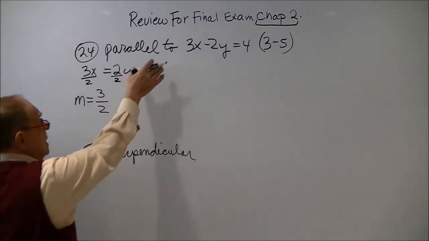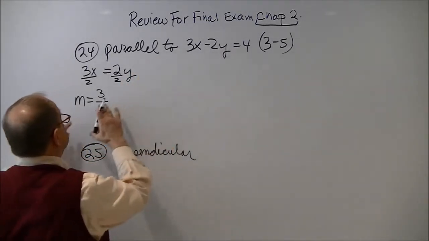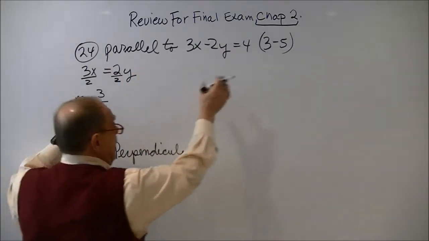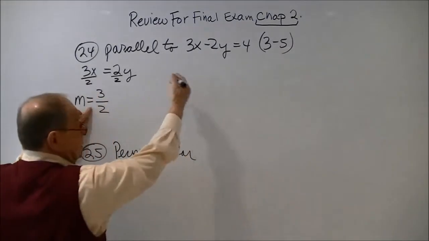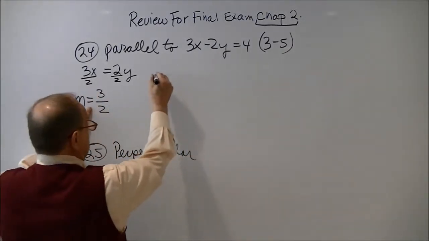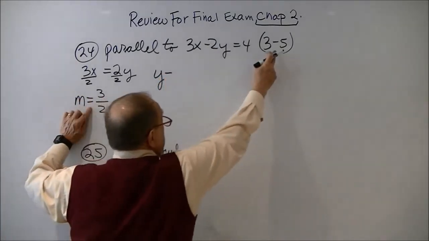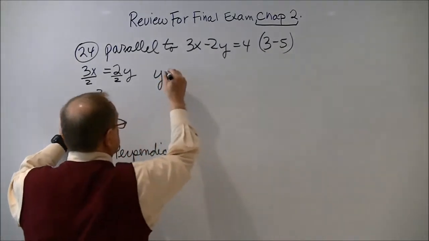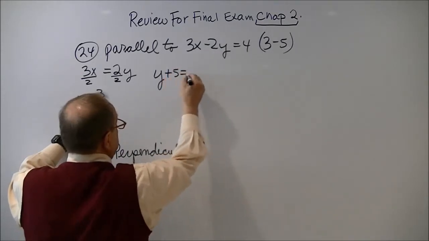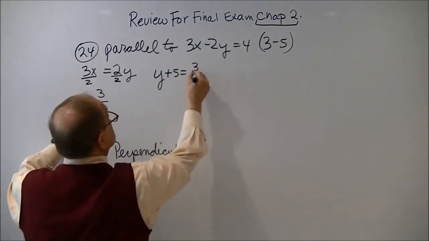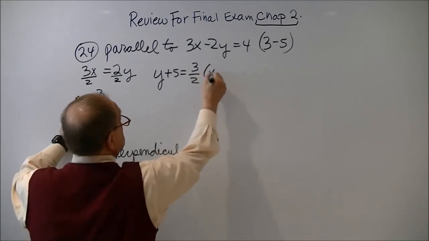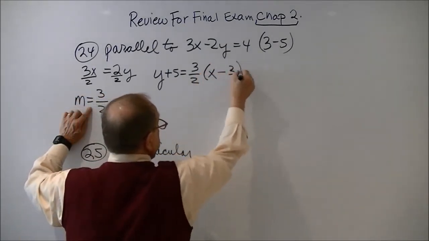So to get an equation that's going to be parallel to this, it's going to have this slope and go through this point. So now I'm going to use the point slope form. Y minus a minus 5 makes it a plus 5 equals my slope, which is 3/2 times x minus 3.